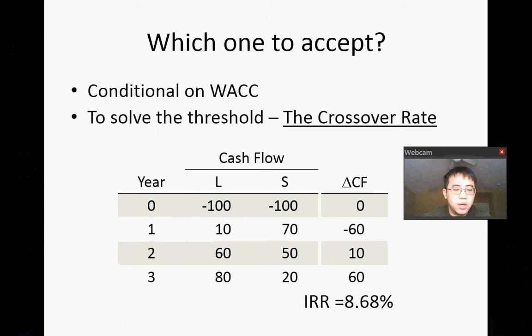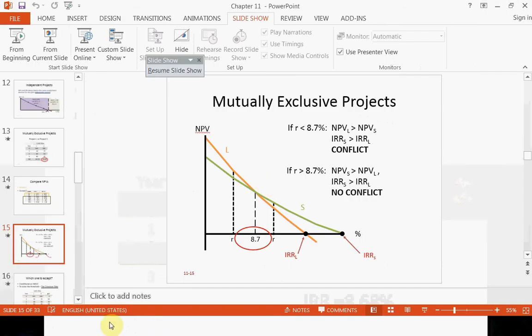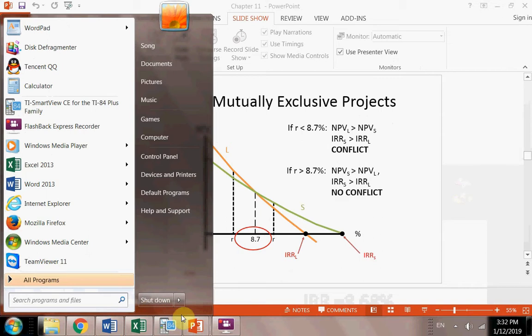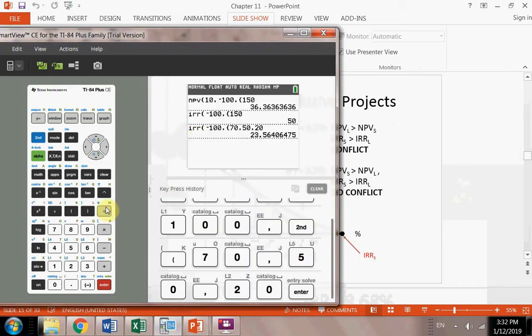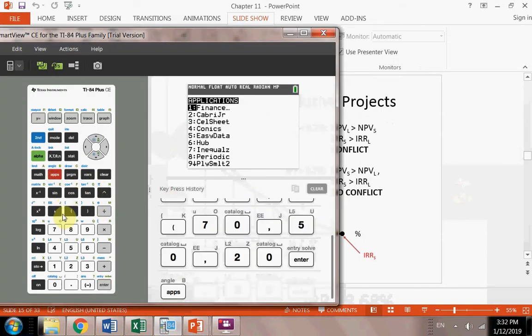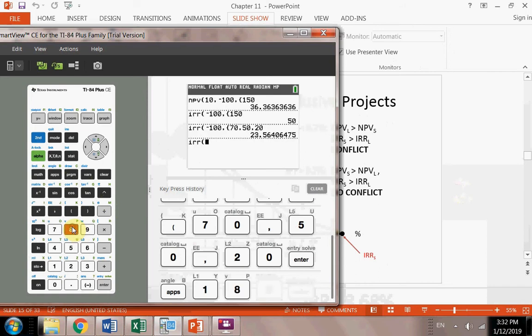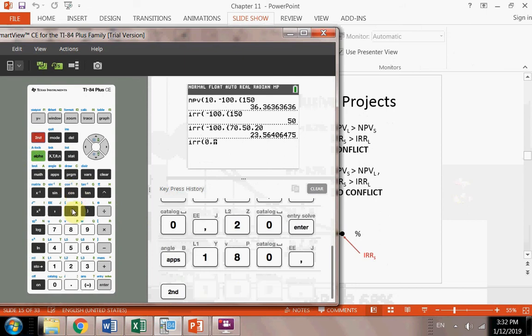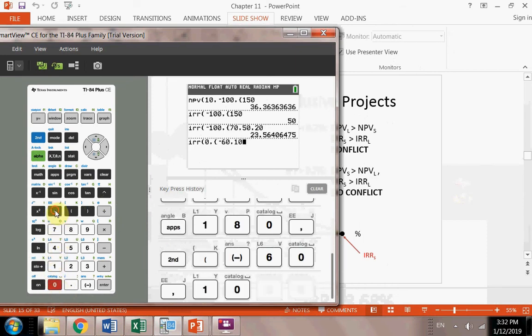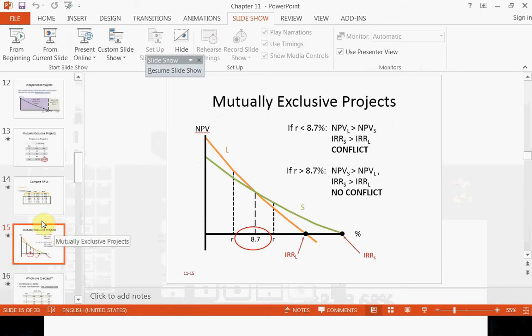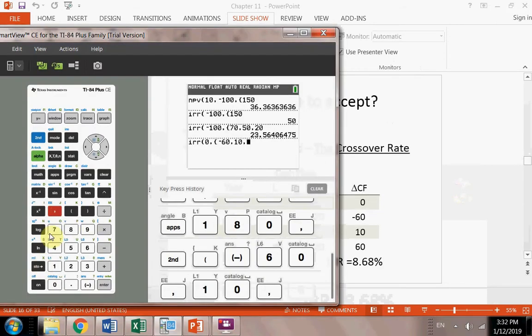If you use your calculator, this is how you do it. You have apps, finance, number 8. Then you put a 0, comma, and then a brace, then you put -60, comma, 10, comma, and then +60.